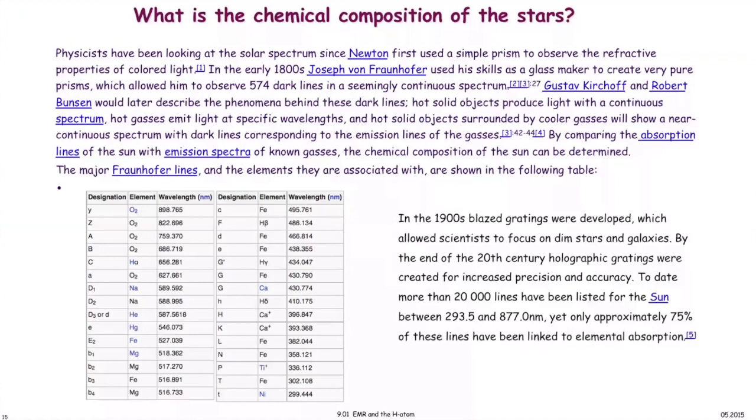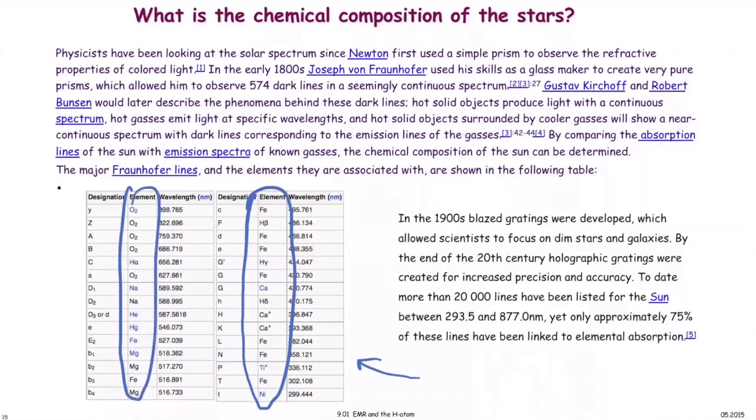And this is just a snippet of the different types of elements that they've come to realize exist out there, just based on the atomic line signature from stars and other galaxies that are out there. So this is just a history on that. Okay, so you can take a look at that.